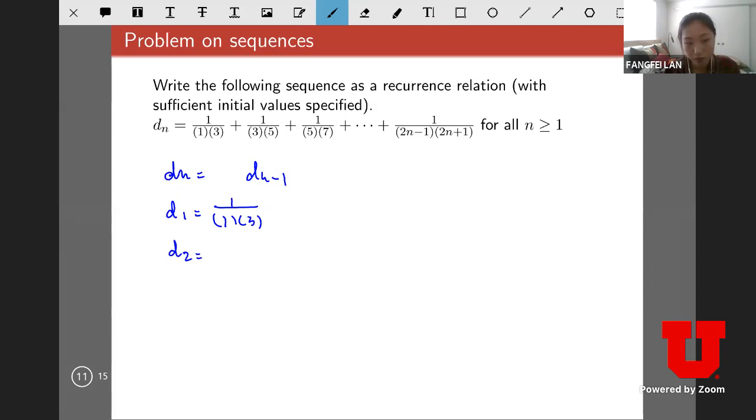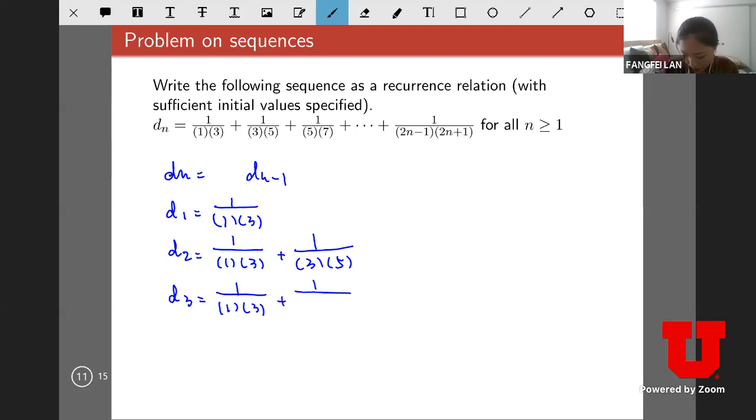And d2 would be the first two terms, 1 over 1 times 3, plus 1 over 3 times 5. So that's the second term. D3 just keeps going, right?